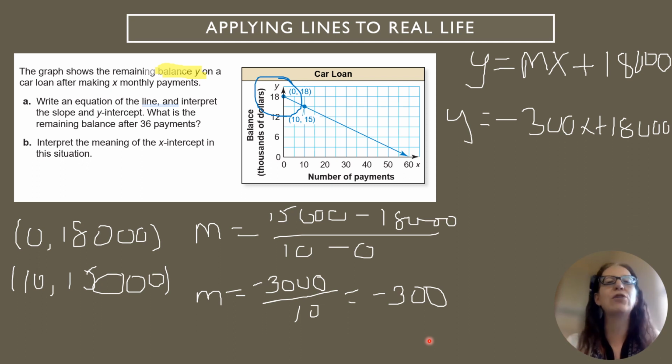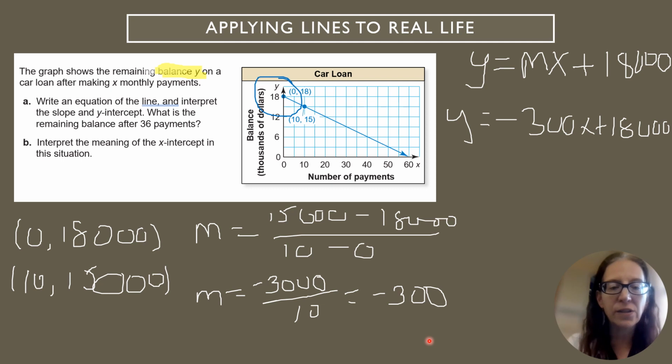There's just so many ways you could write it. But what it means is whatever you owe on that loan, you owe $300 less every month, because you're paying stuff off. Doesn't mean you're paying $300 a month, by the way. You're probably paying more than that because you're also paying interest on the loan. But your balance, the amount of money that you owe, is going down by $300 per month.